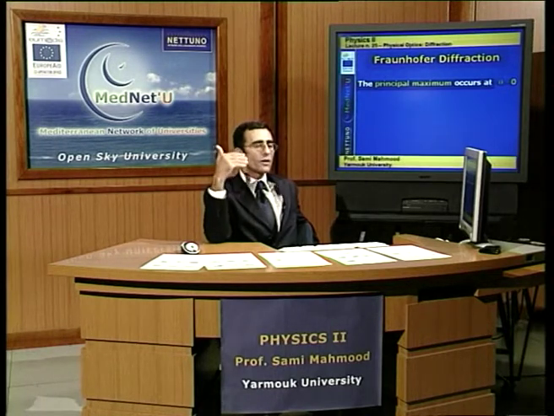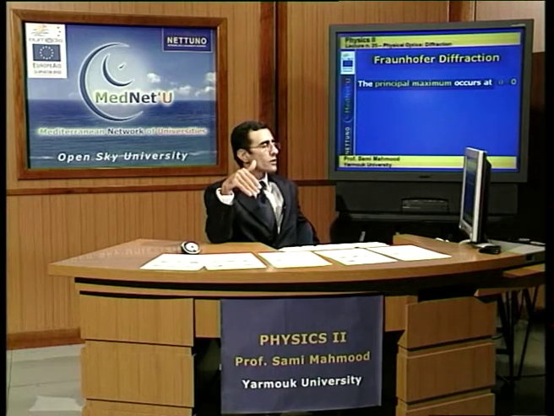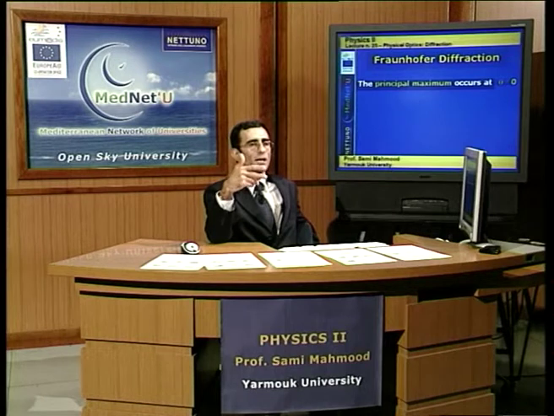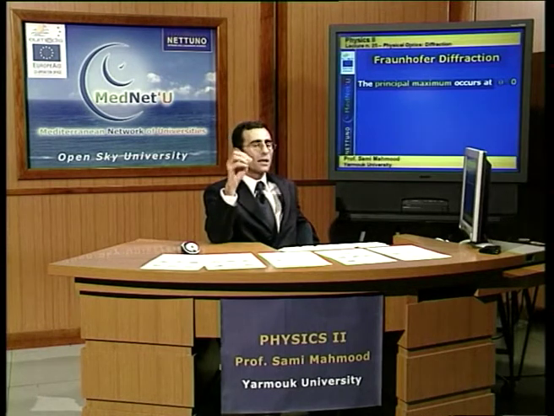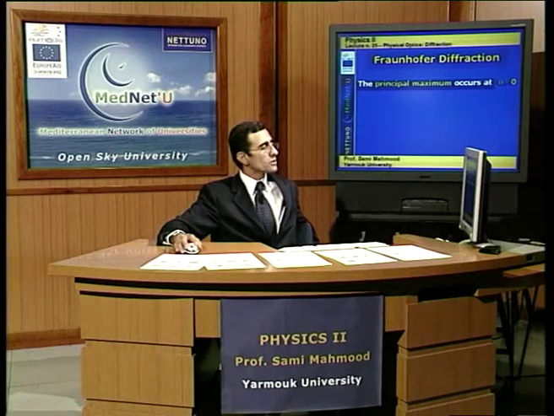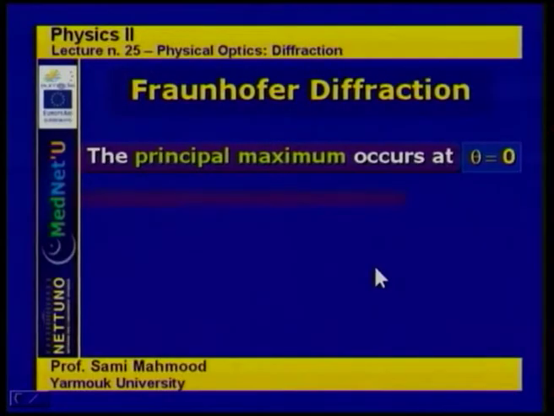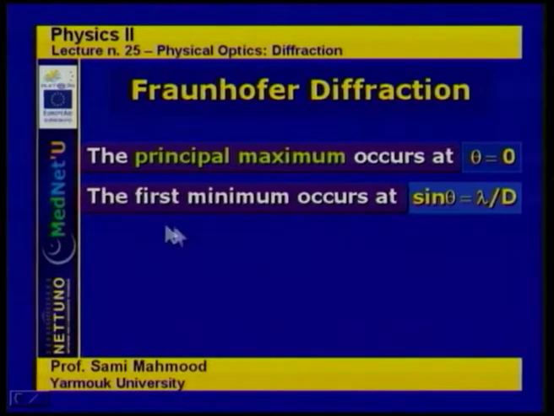You differentiate the numerator twice and the denominator twice, and then in the second derivatives you can put theta equals 0, and you get the maximum intensity of I naught. Thus the principal maximum occurs at theta equals 0 with I equals I naught.